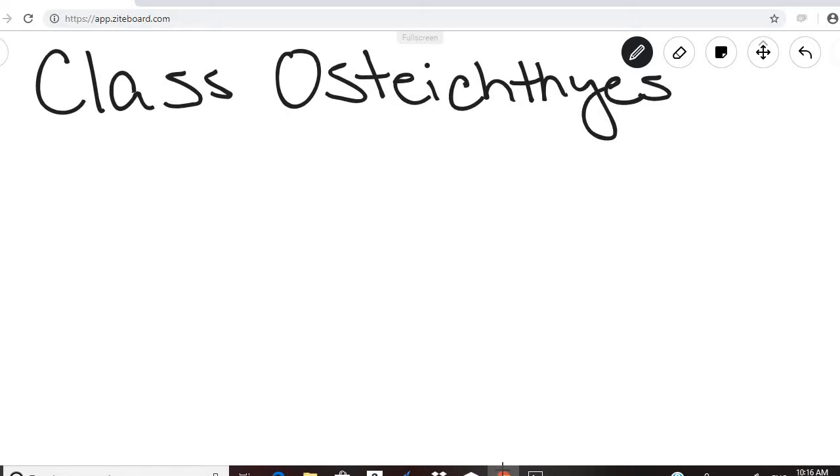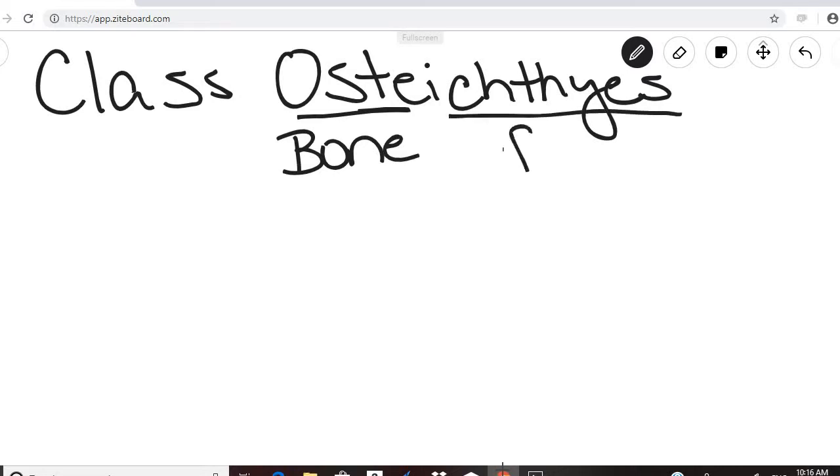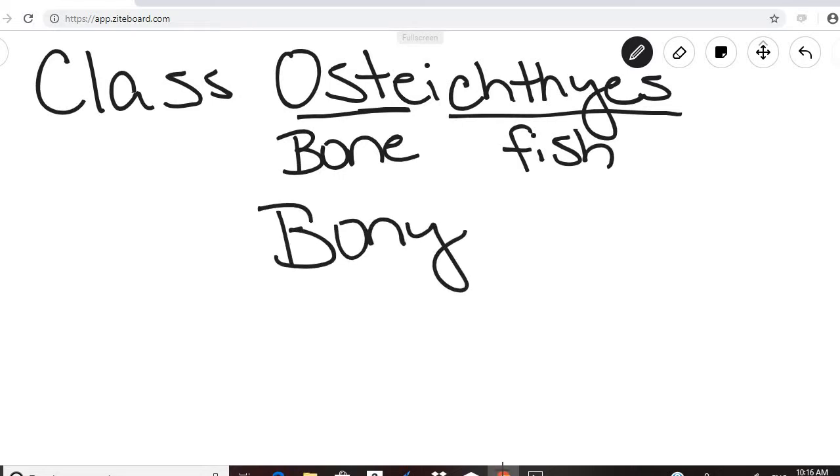So if you remember from before, we said that when you see this osti, that means bone. And here's that word that means fish. So members of this class are sometimes referred to as the bony fish.